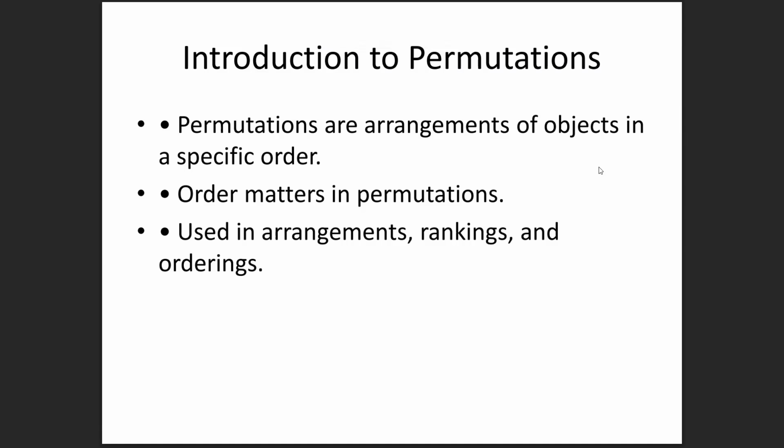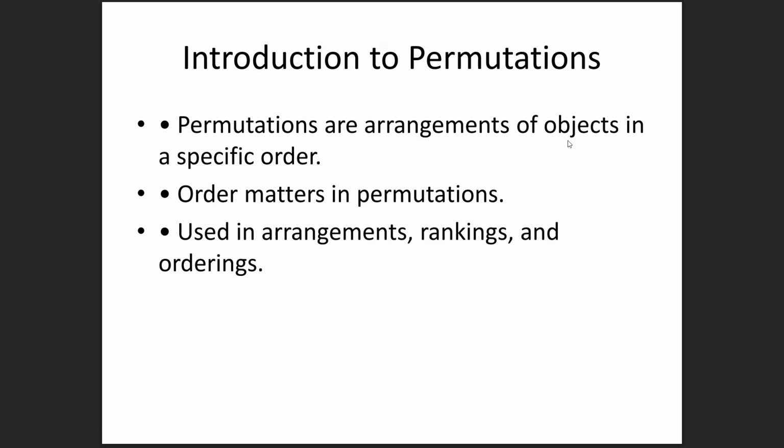It also plays a big role in computer science, cryptography, and operations research. It means it is not only used in a mathematical manner, it also plays a very big role in those fields. Here, permutations are arrangements of objects in a specific order.